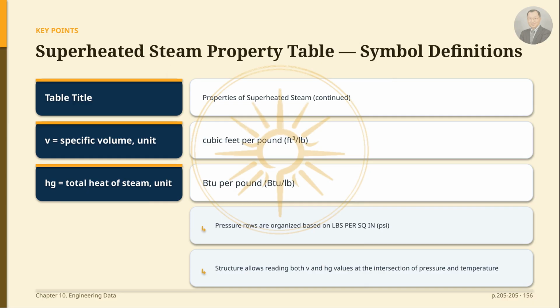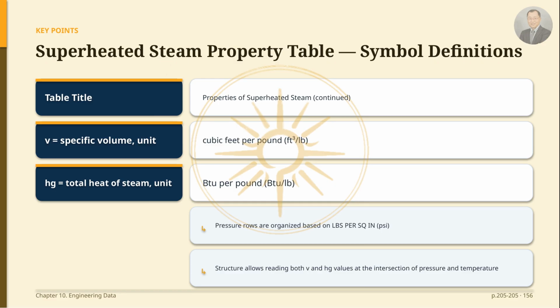This table organizes the state variables of superheated steam by pressure and temperature conditions, using two key symbols. The first symbol, V, represents the specific volume, which is the volume per unit mass measured in cubic feet per pound. The second symbol, Hg, represents the total heat of steam measured in BTU per pound.